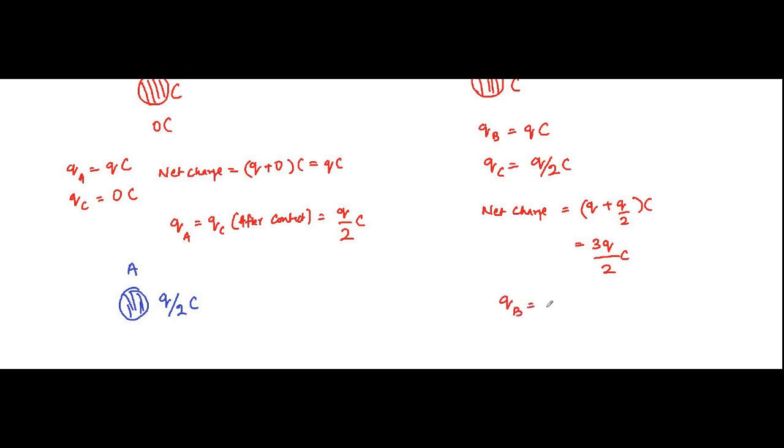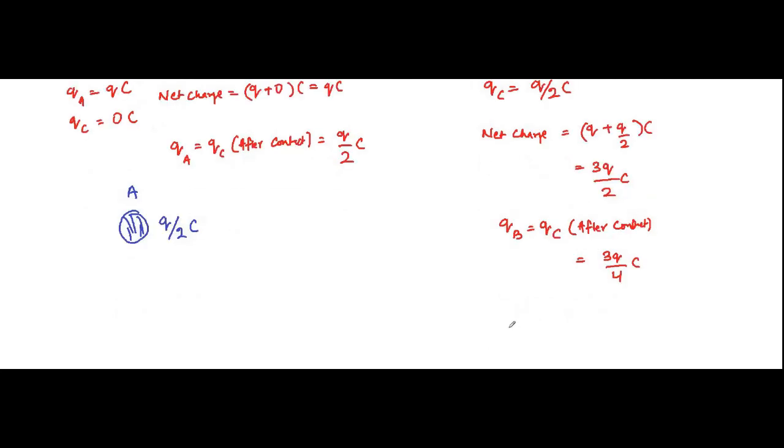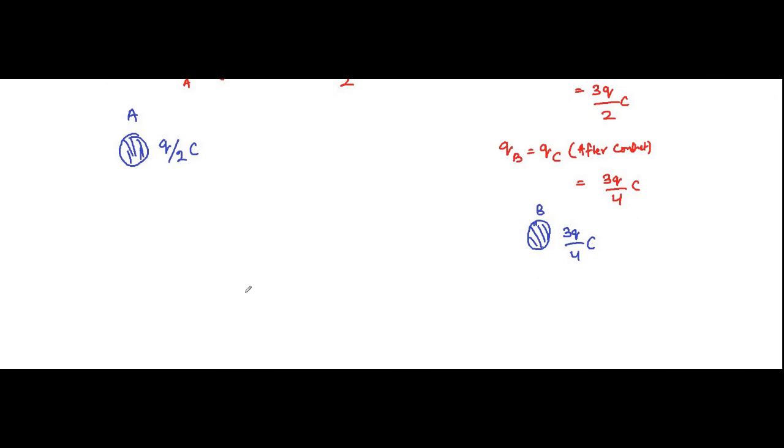So the charge on B and C after contact between B and C is 1/2 of this, which is equal to 3Q by 4 coulomb. So finally, charge on sphere B after all the contact is 3Q by 4 coulomb.